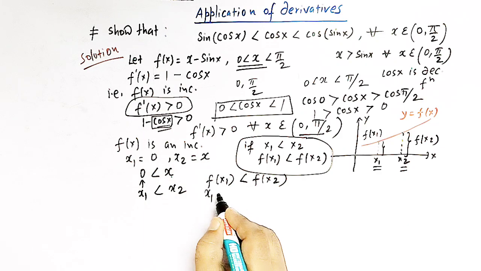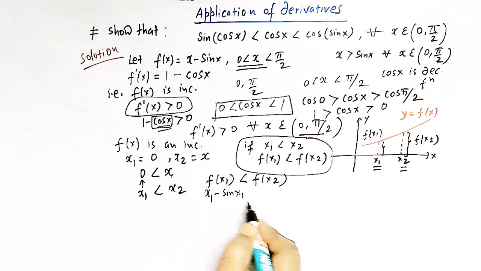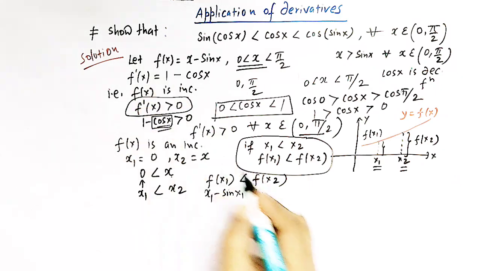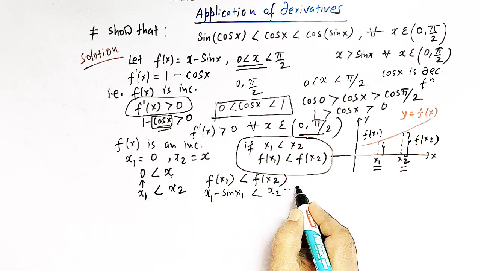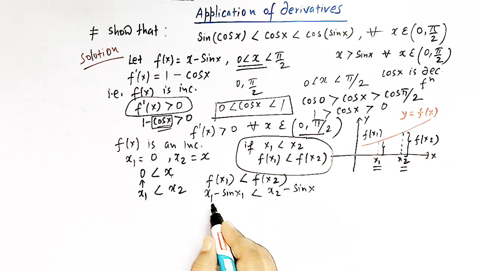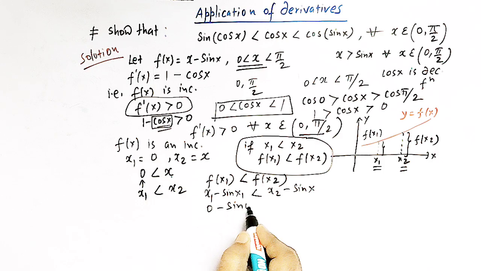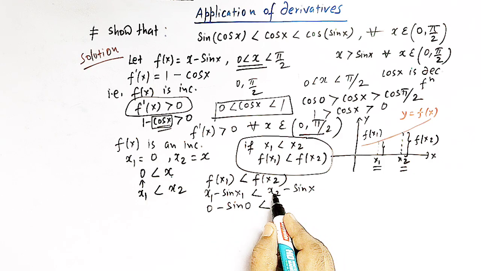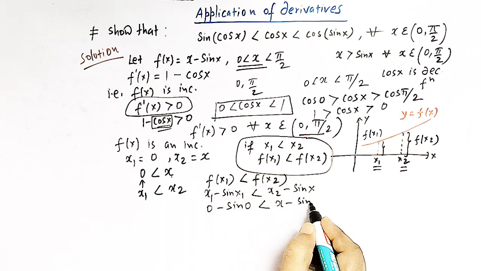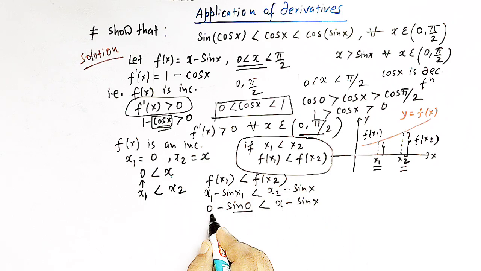So we have x1 minus sine x1, and f of x2 is given by x2 minus sine of x2. Now x1 is 0, so we have 0 minus sine 0, and here x2 is x, so we have x minus sine x. So sine 0 is 0, so 0 minus 0 is equal to 0.